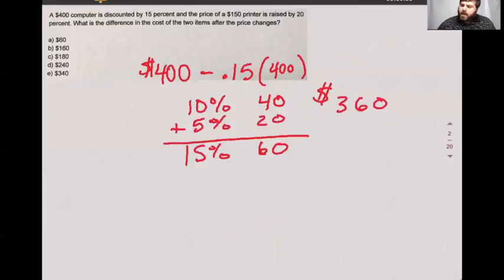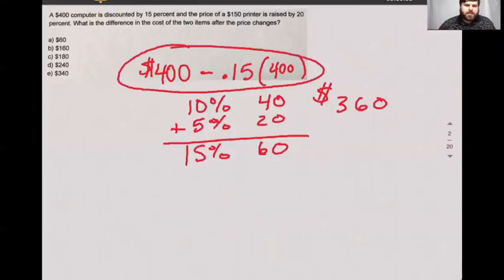Now, the printer is $150, but raised 20%. Before I do that, I wanted to show one thing here. This whole process of taking away 15%: 15% less would be 85%. If you took 100% and subtracted 15%, you get 85.